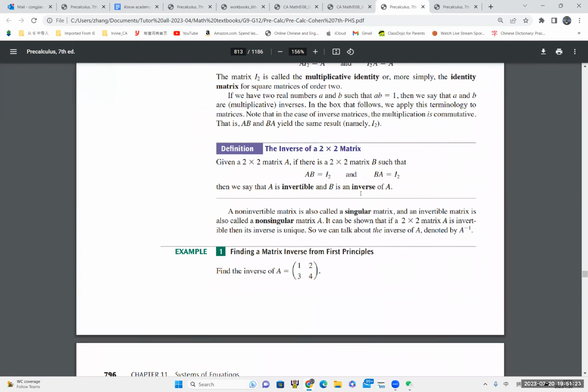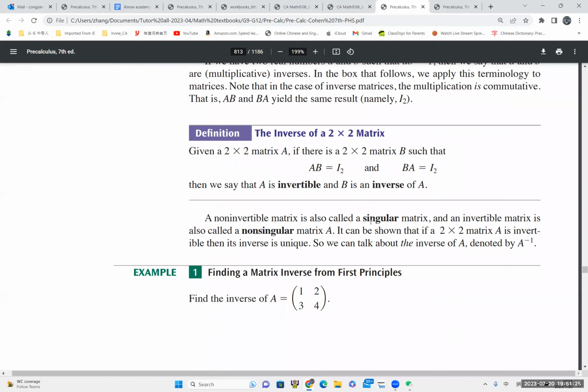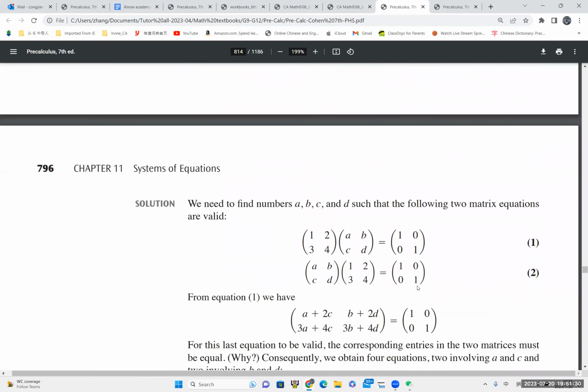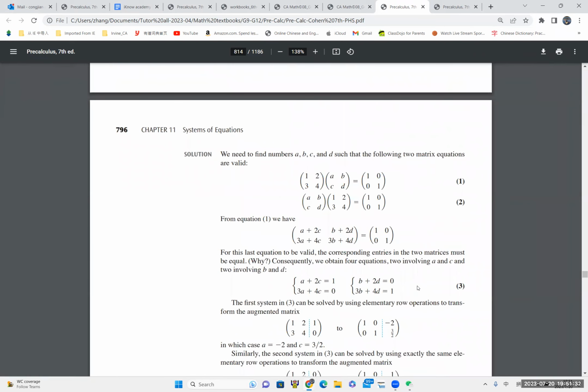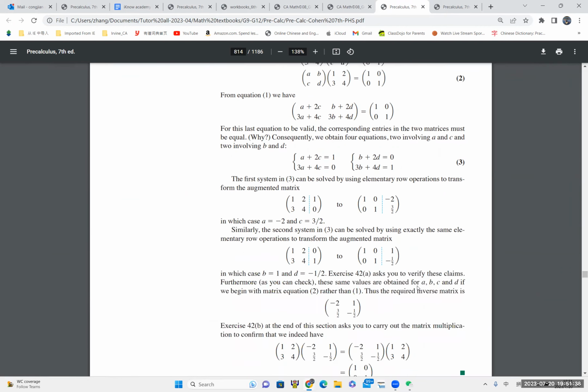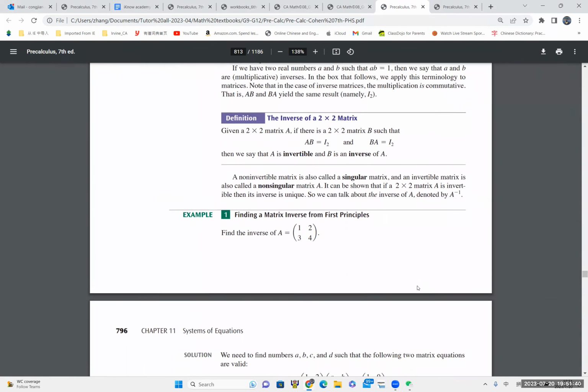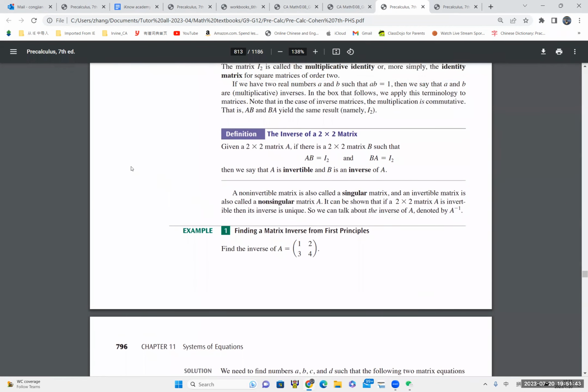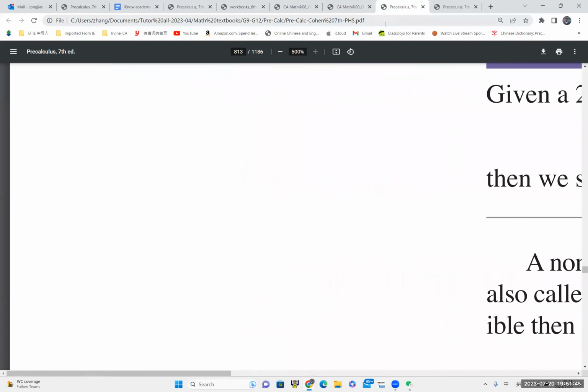Inverse of. Yeah, I don't find it, but as I know, for example, for matrix A, you put a unit matrix next to it.